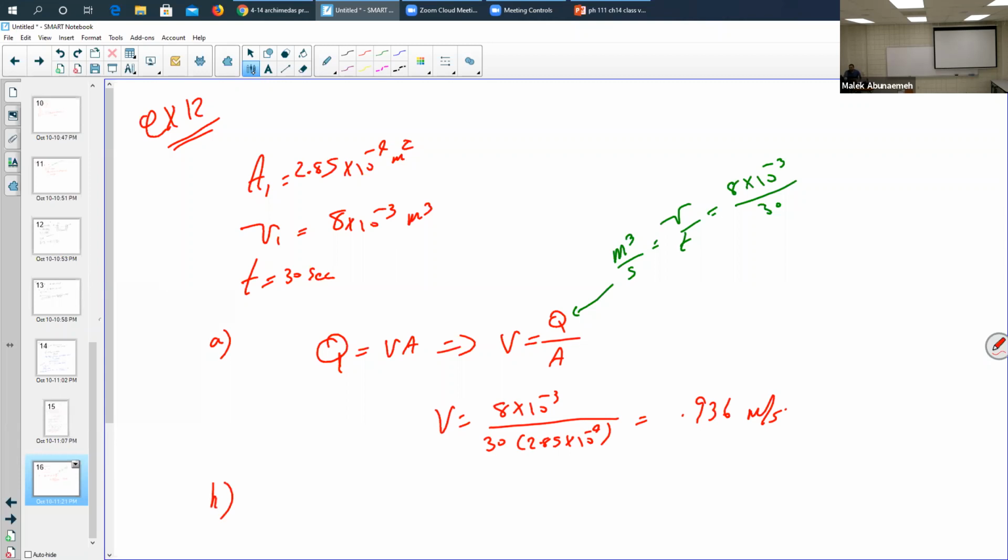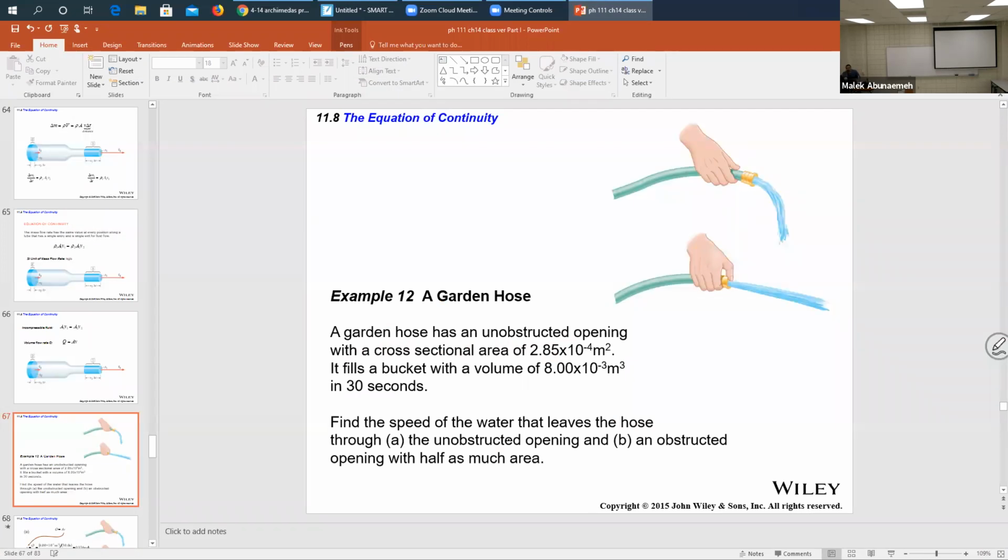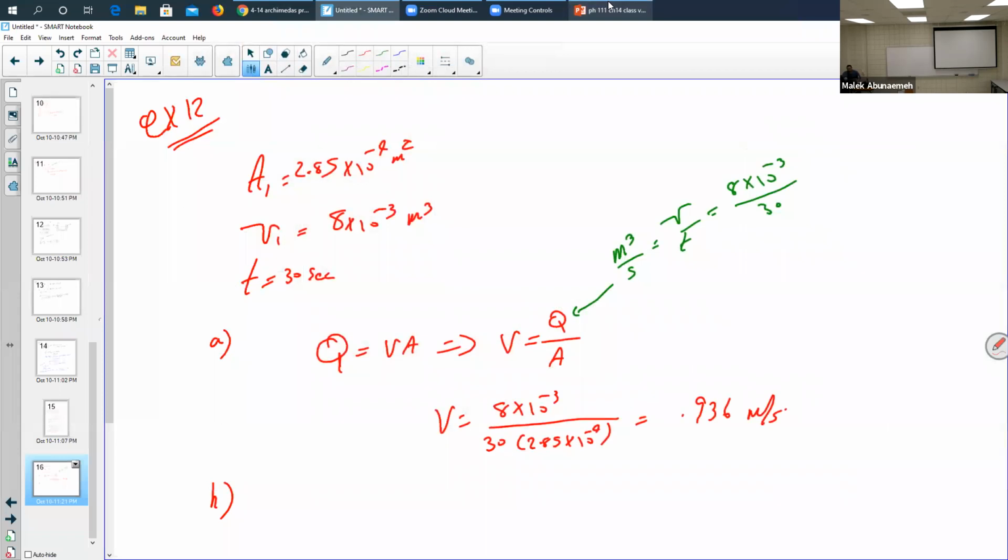For part B, your area is half as much. That means your A2 equals 1/2 A1.